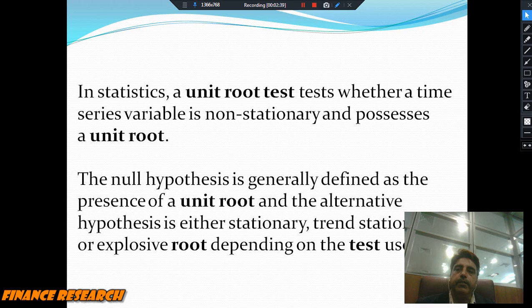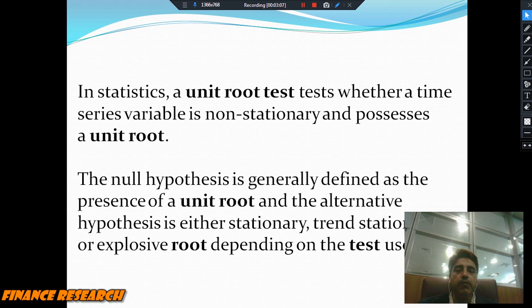Another important thing is that we have to form hypotheses. The null hypothesis will show that the residuals have unit roots at the 5% level of significance. And these residuals may be your inflation, your GDP, your deflation, your interest rate or some financial ratios.